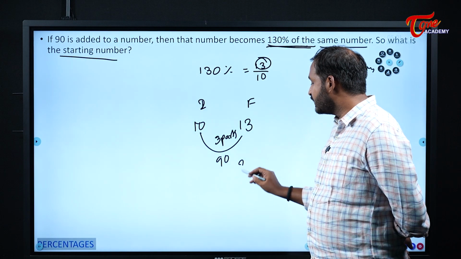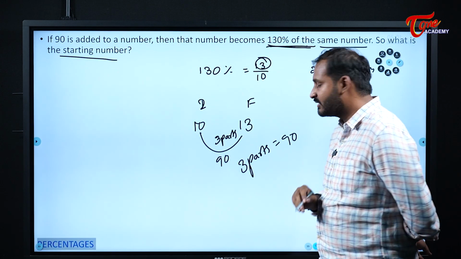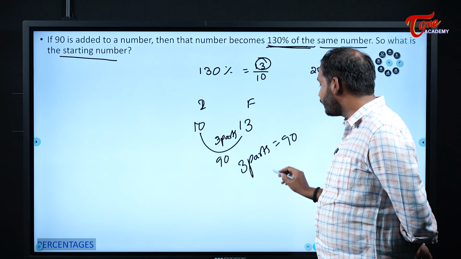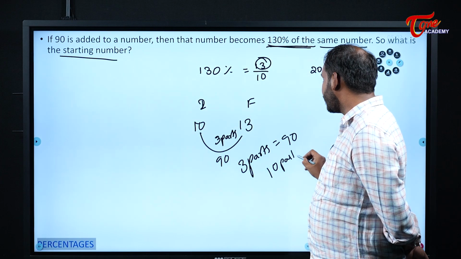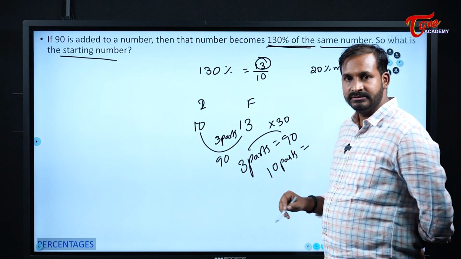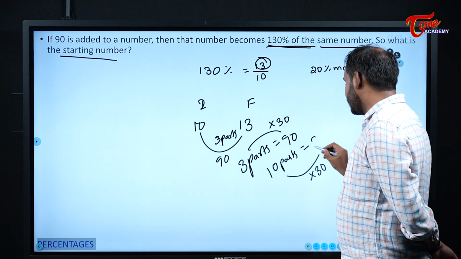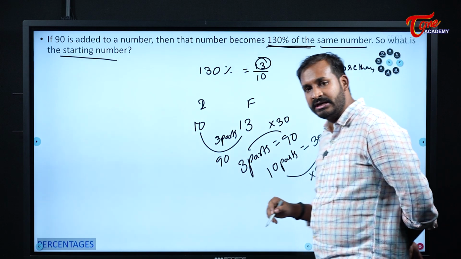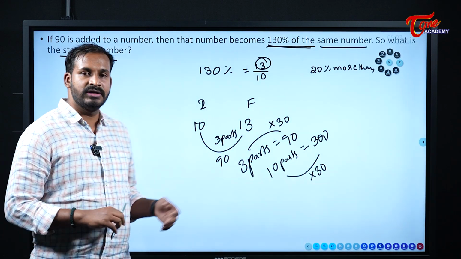So, what can I take here? 3 parts is equal to 90. So, what about 1 part, or else 10 parts? 10 parts is the original number, right? See, 3 into 30 is 90. So, similarly, 10 into 30, what will you get here? 300. So, based on our requirement, we will do the things.